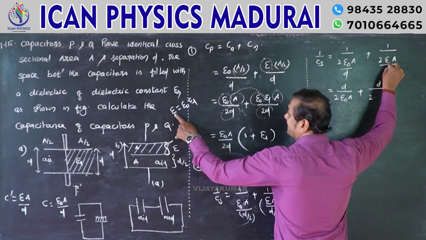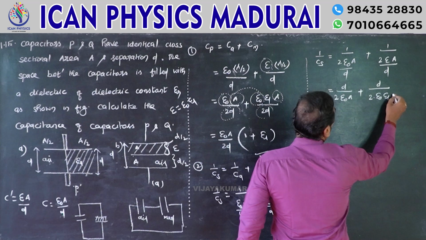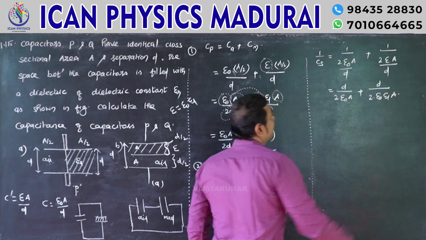What is the value of epsilon? Epsilon 0 epsilon R, so epsilon 0 epsilon R into A.